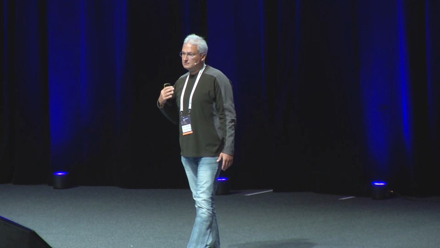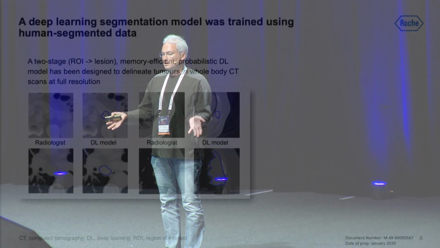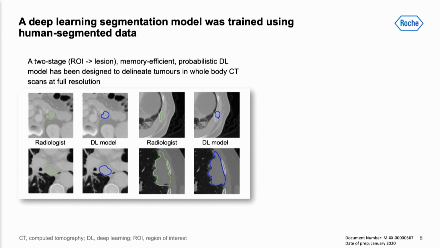And we have some preliminary data for this algorithm. It's a two-stage algorithm because CT scans are large chunks of data. It's impossible to fit the whole CT scan at full resolution into, let's say, a three-dimensional neural net. So people have to come up with some ways to handle these memory limitations. We used a two-stage approach.